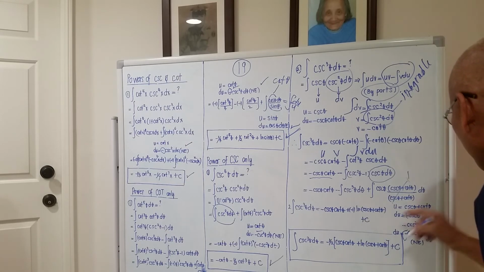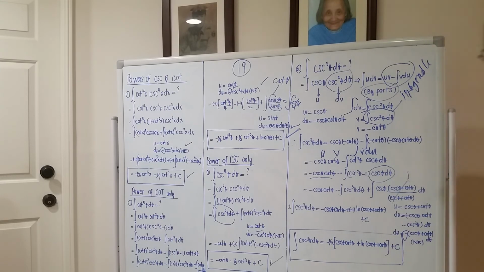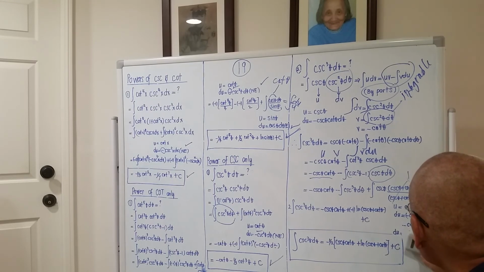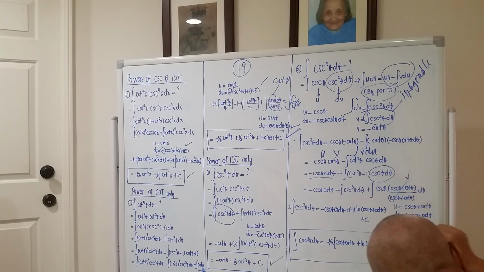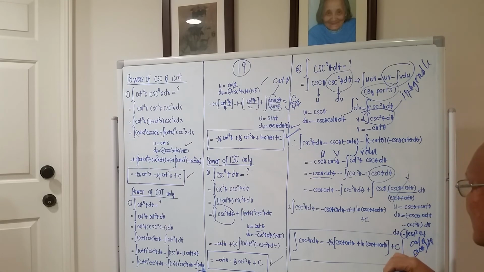It is exact as the product of this, except for the negative sign. So the integral of this, we will introduce negative 1 outside.